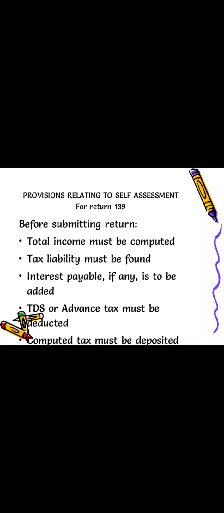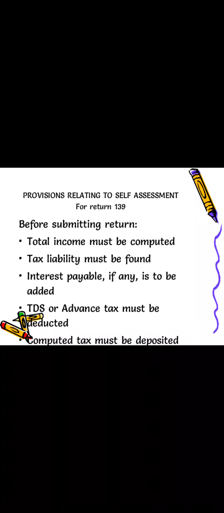Then after finding the tax liability, any interest payable during the previous year or the current year should be added. After that, tax deduction at source or advance payment of tax should be deducted. If the assessee has paid TDS on winnings, or paid advance tax, that should be deducted.